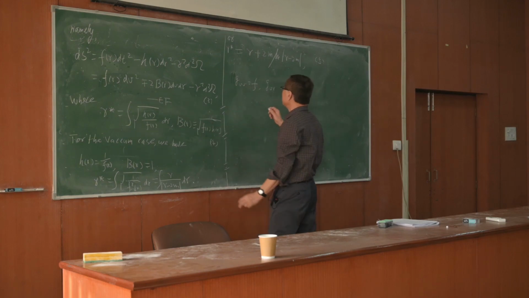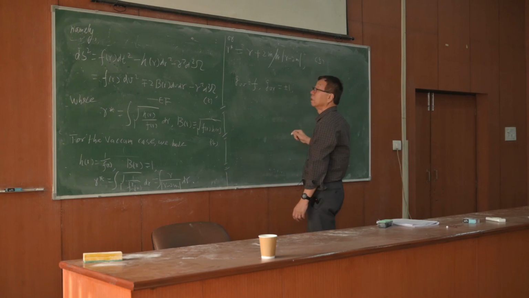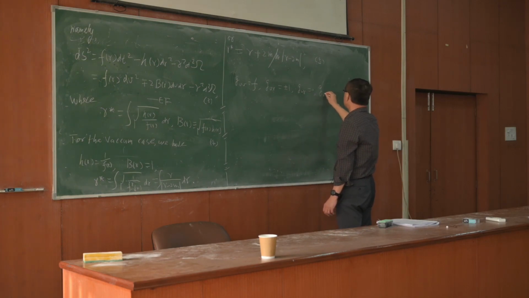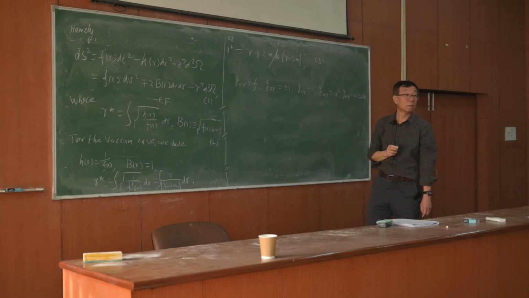So this actually means g_vr equals either plus 1 or minus 1. And g_rr equals 0. g_theta theta equals minus r squared. g_phi phi equals minus r squared sin squared theta, right?